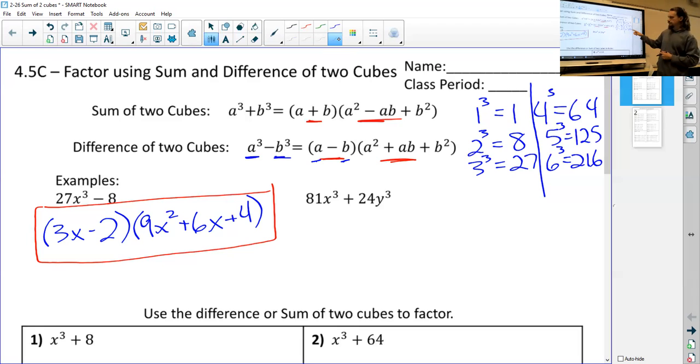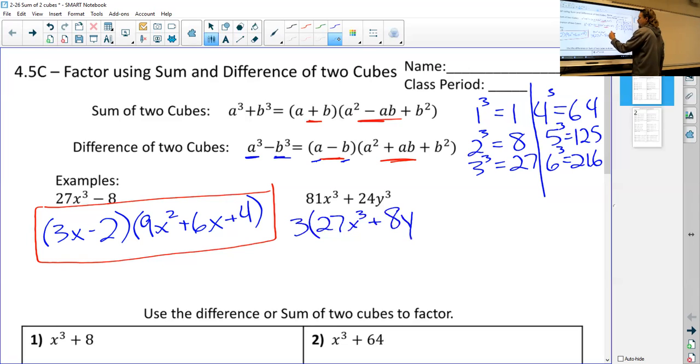And hopefully you see, well, what if I divide the whole thing by 3? If I factor out a 3, 3 times 27 is 81, x to the third. I also need to factor out a 3 from the other side. So 24 divided by 3 is 8. And look at that, 8's on my list too. What a day. Y to the third.